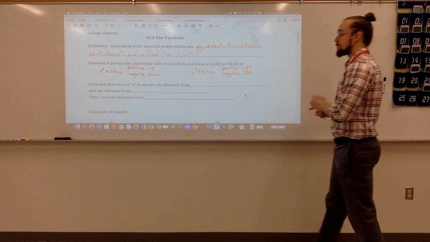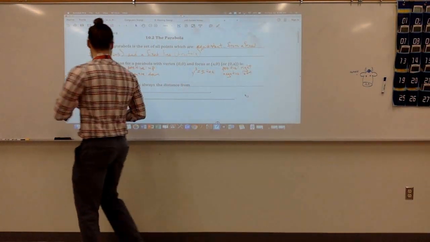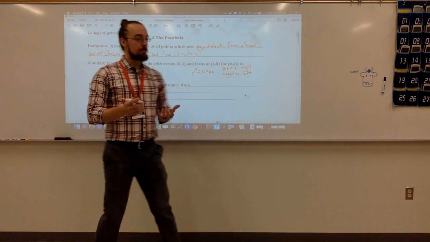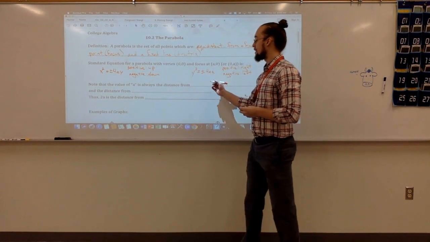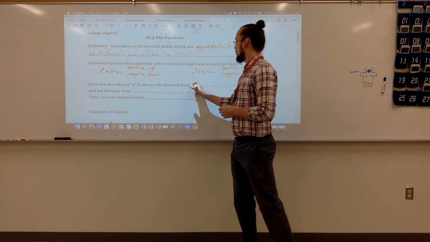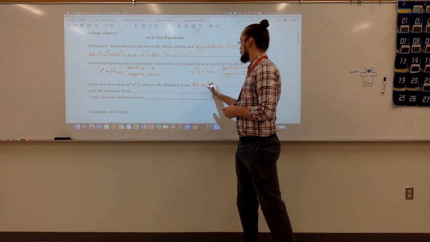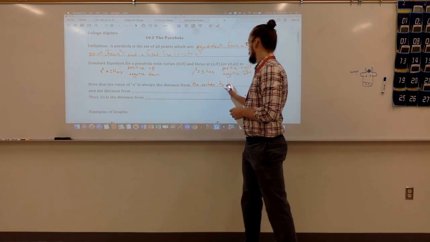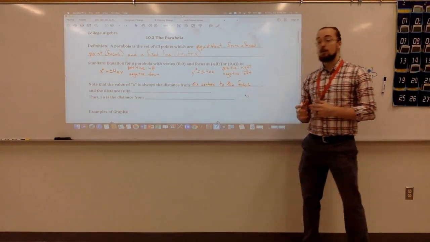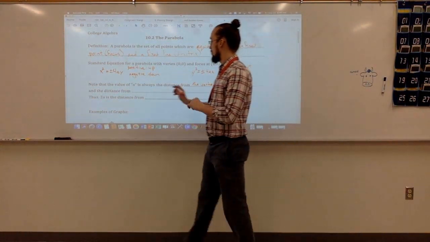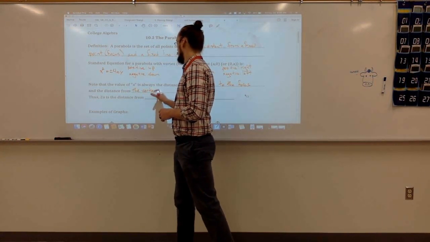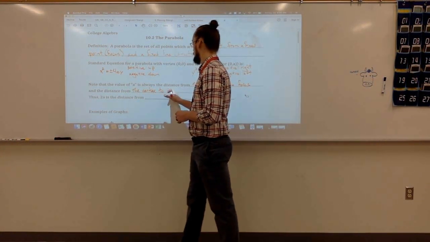So, in these equations, the value of a is pretty important. The value of a tells us a couple of things. It tells us the distance from the vertex to the focus, and it also tells us the distance from the vertex to the directrix.